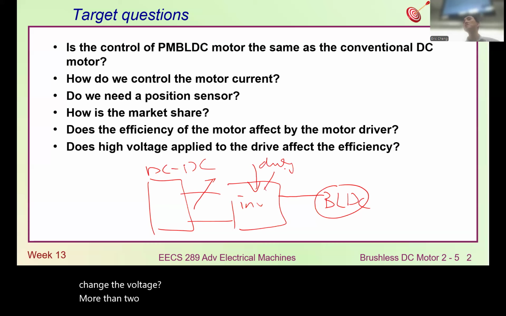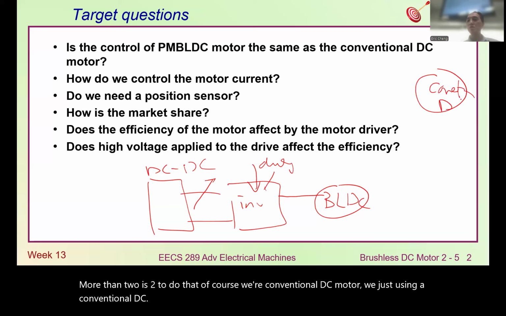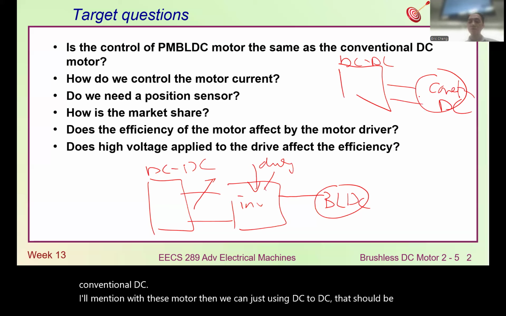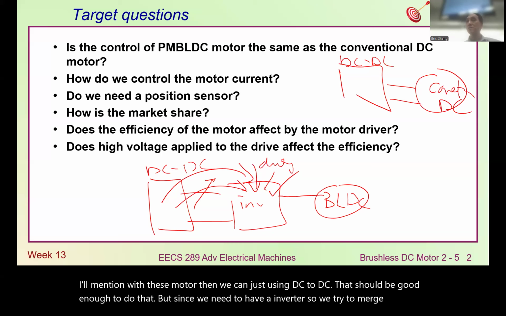Of course, for a conventional DC motor, we can just use DC to DC. That should be good enough. But since we need to have an inverter, we try to merge all of this technology into the inverter, to have one inverter to control the motor.